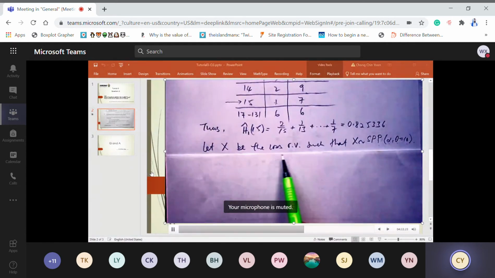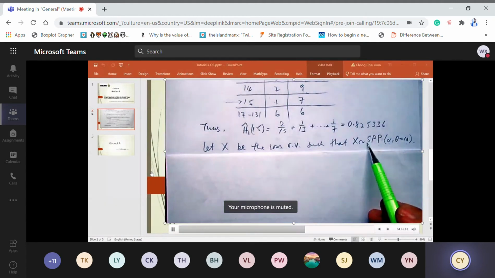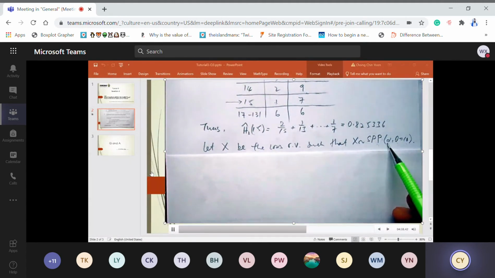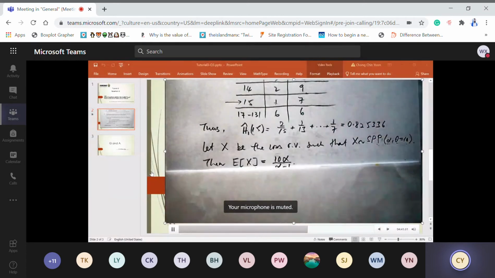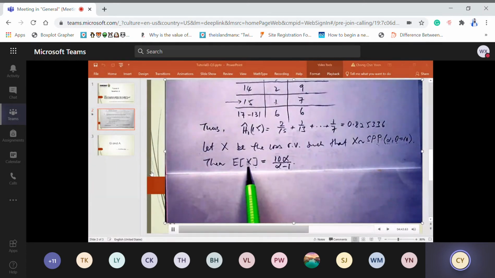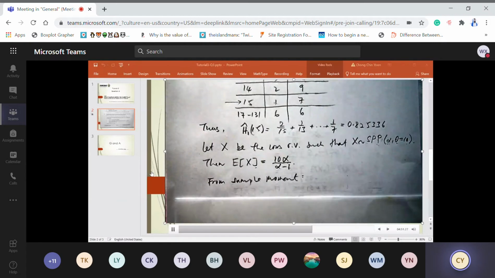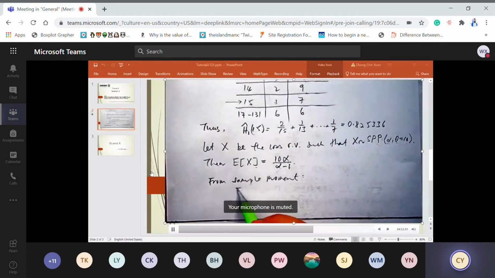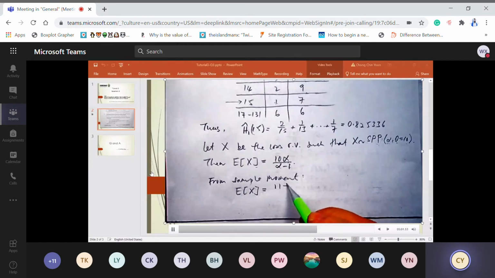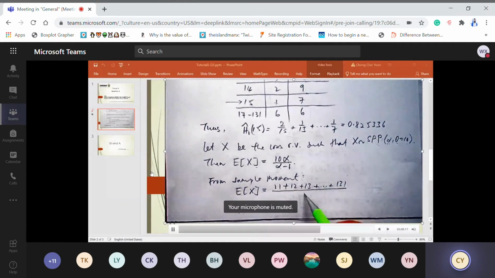Now, let X be the loss random variable such that X is single parameter Pareto with the parameters alpha and theta is 10. So from table C, we will get the first raw moment, which is this result, in terms of alpha. From the sample, we can calculate the first raw moment. That is, we sum up all the data, 11 plus 12 plus 13 until 131, and divide by 15.